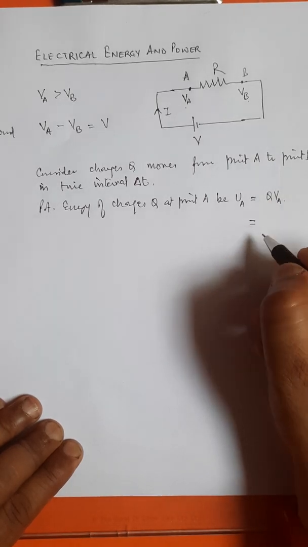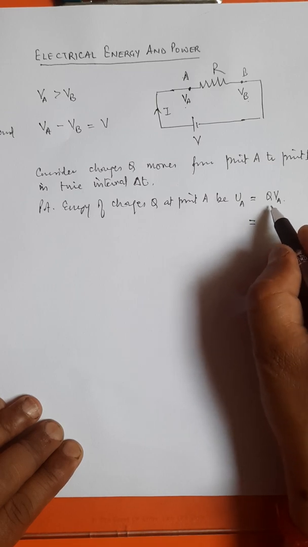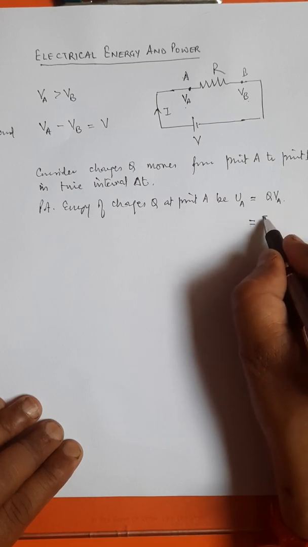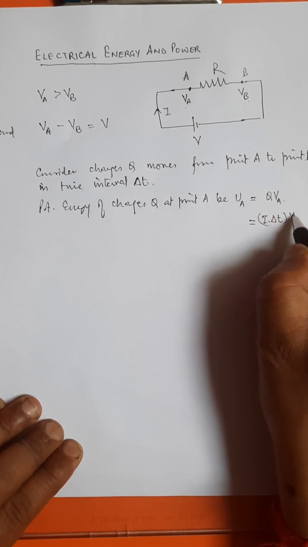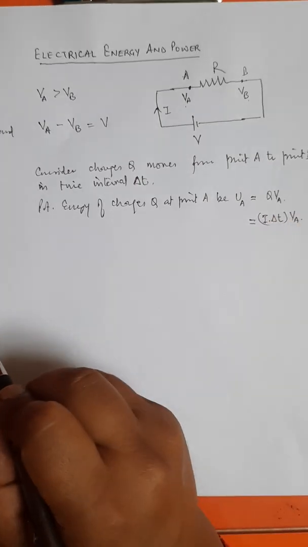As current I is flowing, we can write Q is equal to I delta T, so UA is I delta T into VA.